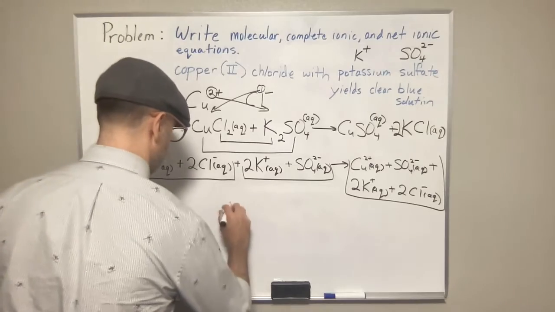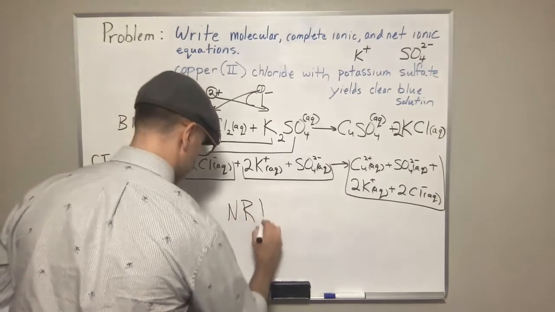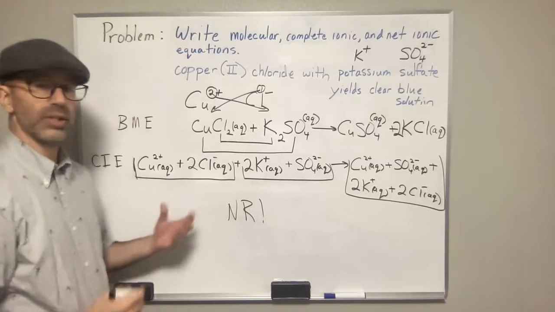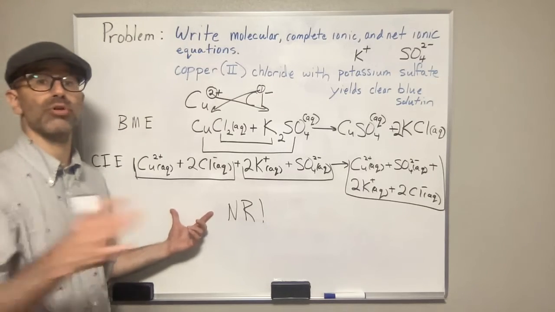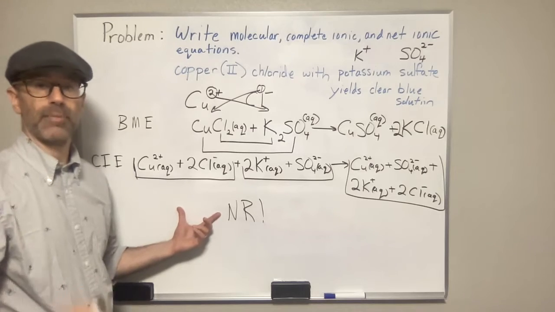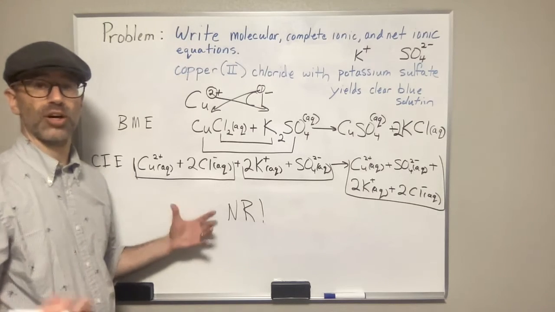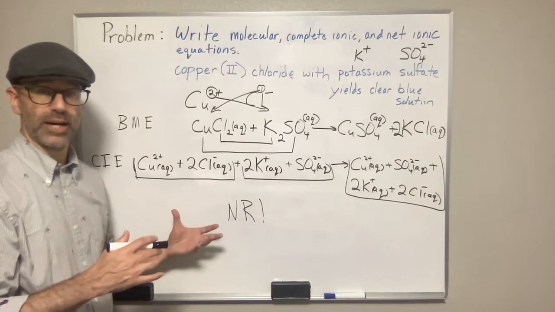So no reaction. Normally when I do my net ionic equation, you want to remove the spectator ions. And remember, the spectator ions are the ones that are not involved in the reaction.